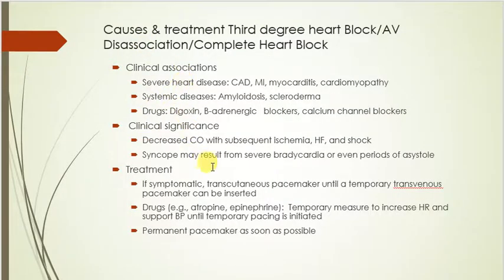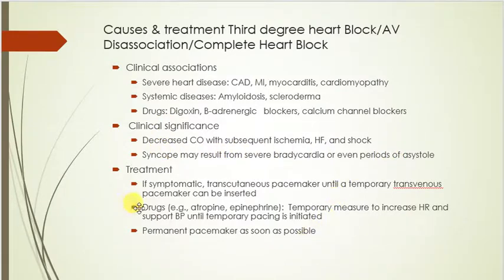So if they are awake and talking to you, of course, most likely they will be very syncopal, and if they have severe bradycardia, I doubt they will even be coherent a lot of times.